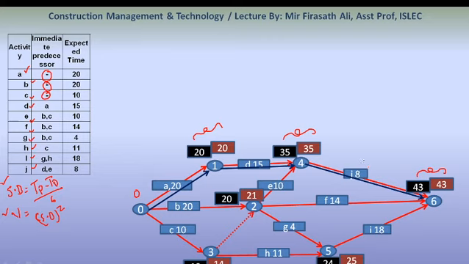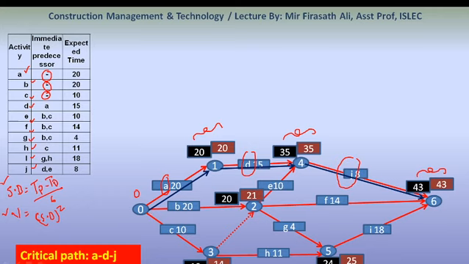So this is our critical path, ADJ. Activity A is here, activity D is here, activity J is here. The line joining activities A, D and J becomes the critical path.